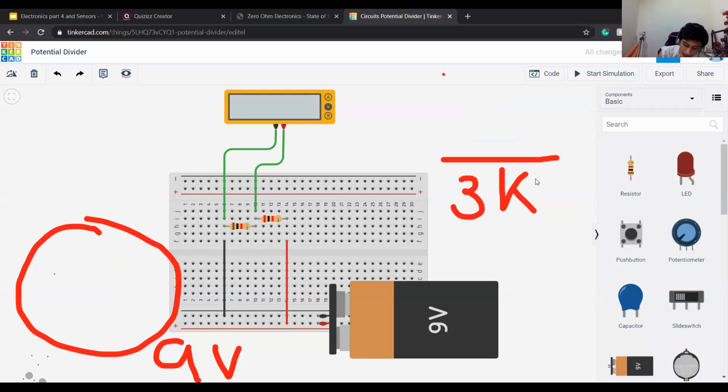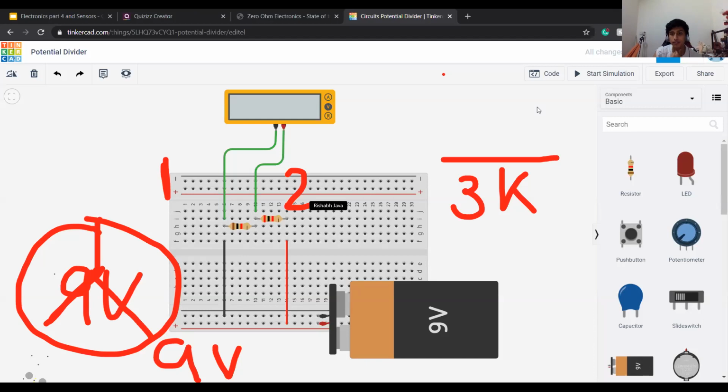Our input pizza is 9 volts, and we're dividing it into 3 pieces. So one of the resistors will get how many pieces? One of them will get 2 pieces and the other one will get 1 piece. Does that make sense, everyone?